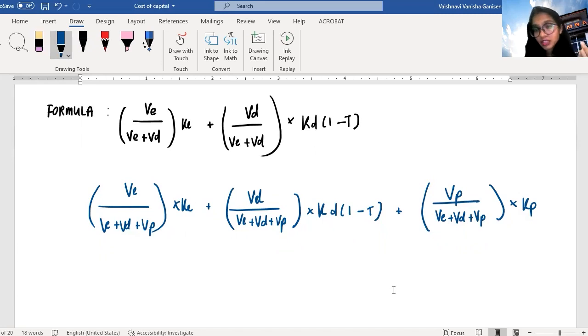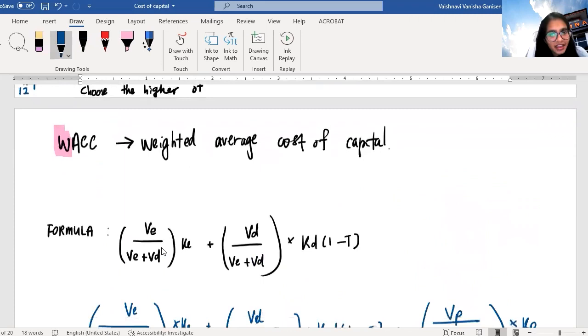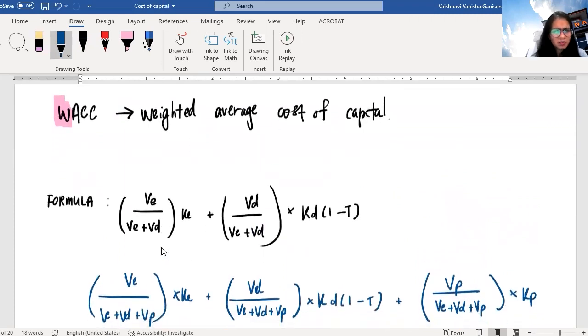The concept, the theory, the understanding of it, I've already explained to you. Now it's just explaining the calculation to you, all right? Number one, you must remember we are calculating weighted average cost of capital.